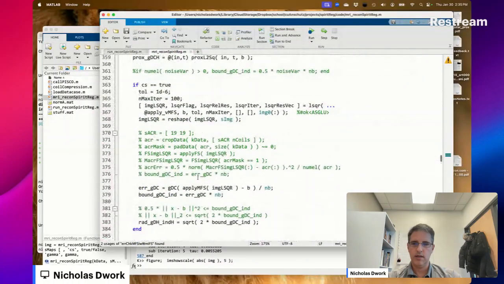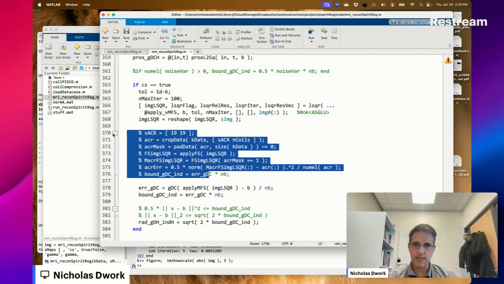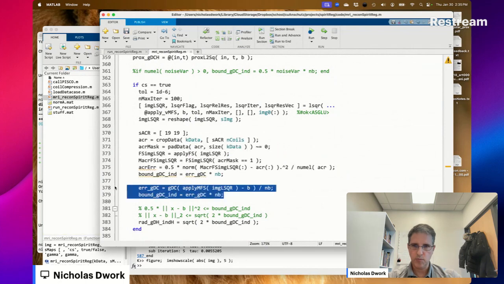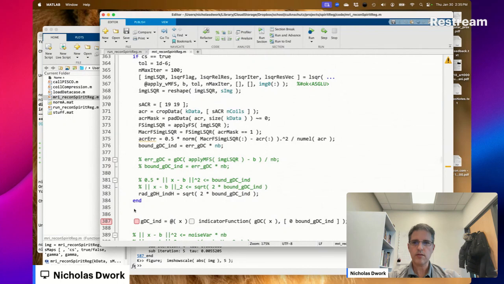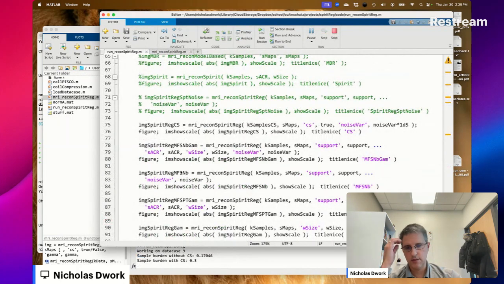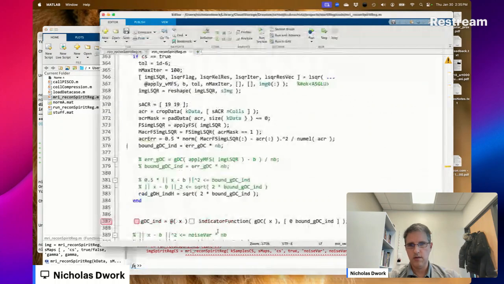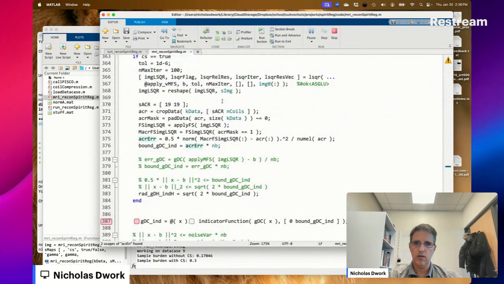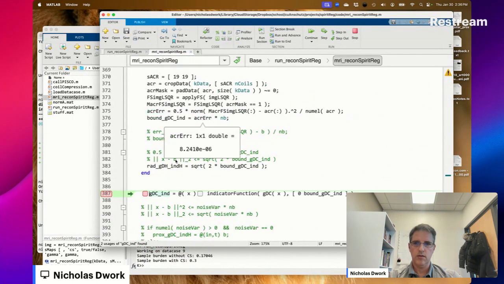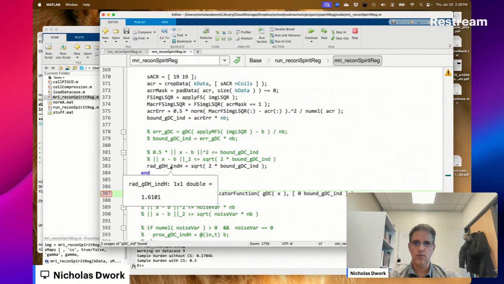Okay. Going back to this ACR stuff. What's the radius now? 1.6.